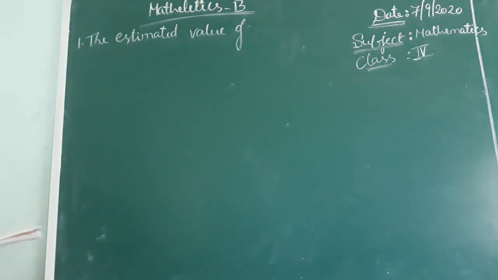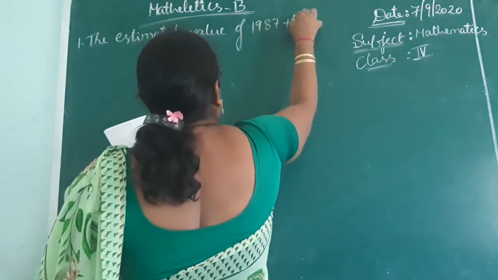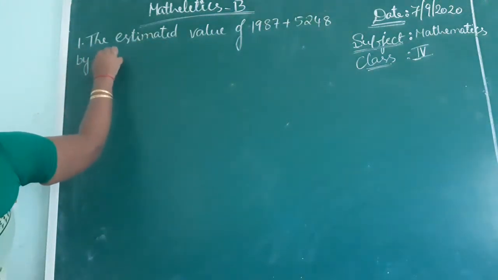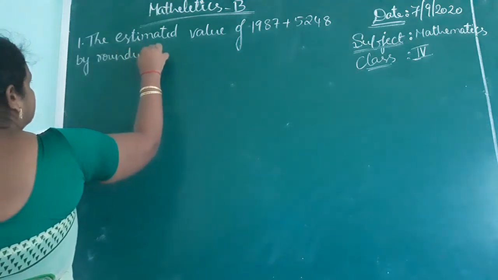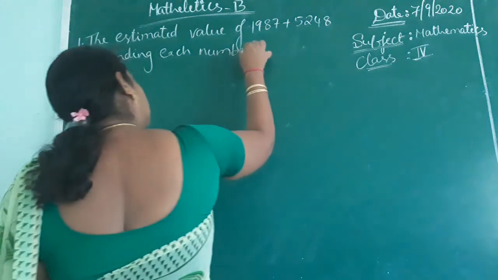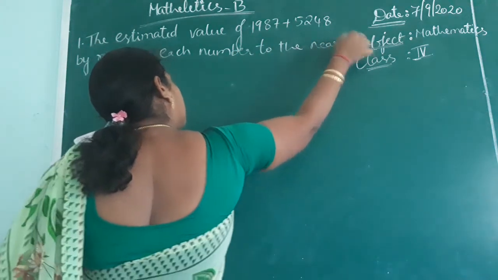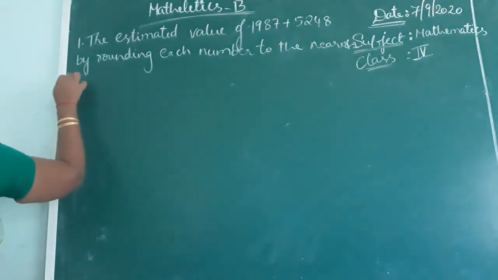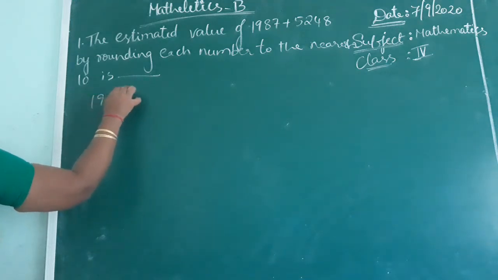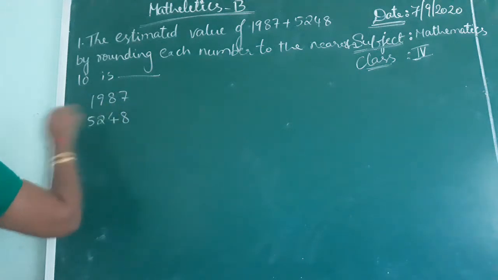What is that? 1987 plus 5248 by rounding each number to the nearest 10. What are those numbers? 1987, 5248, children. Please observe carefully.